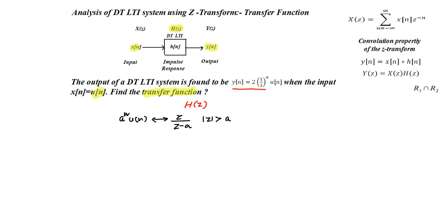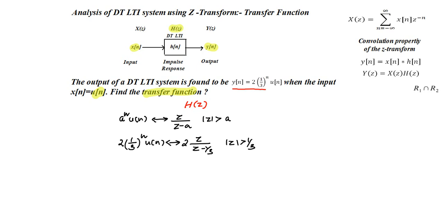Based on this, 2 into (1 by 3) the whole raised to n into u of n becomes z by z minus 1 by 3, and there is a 2, so we need to multiply with 2, and the ROC is modulus of z greater than 1 by 3.